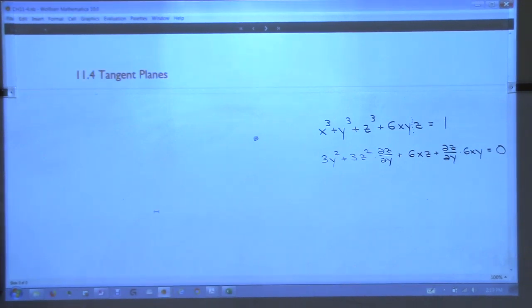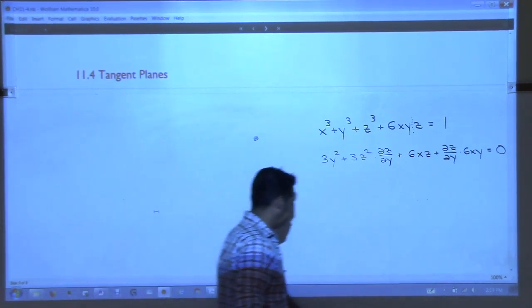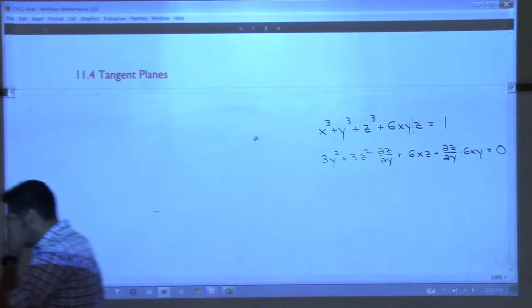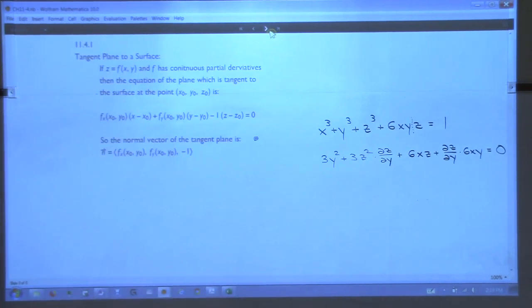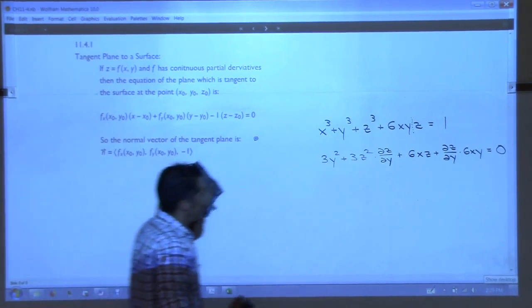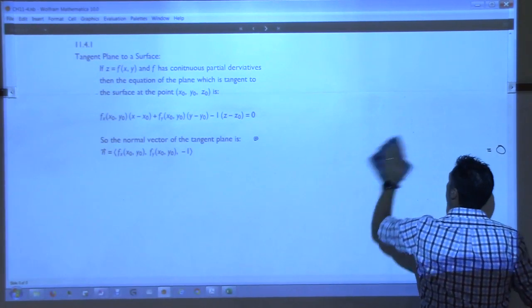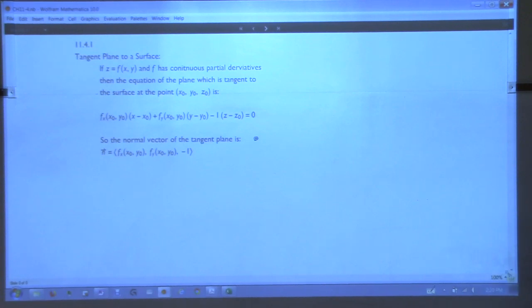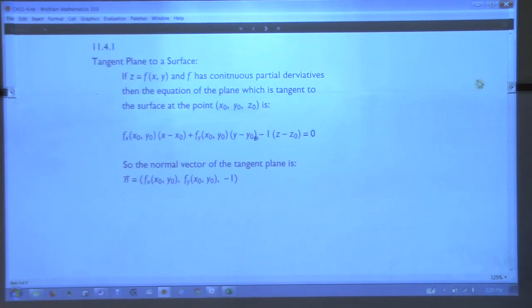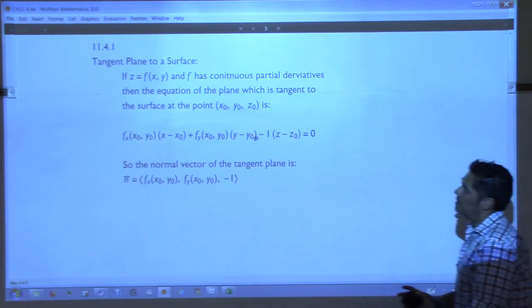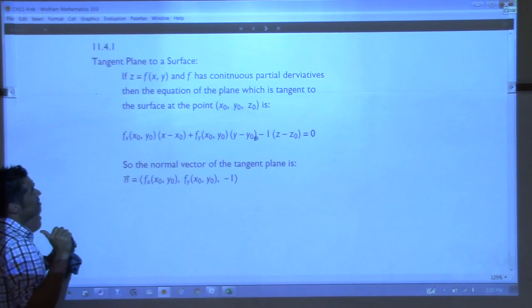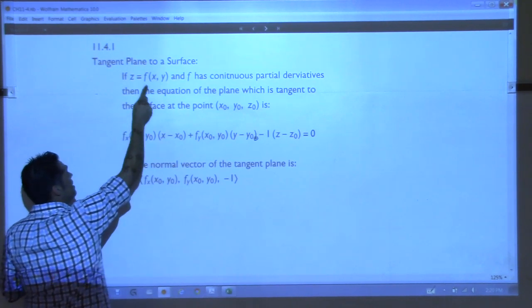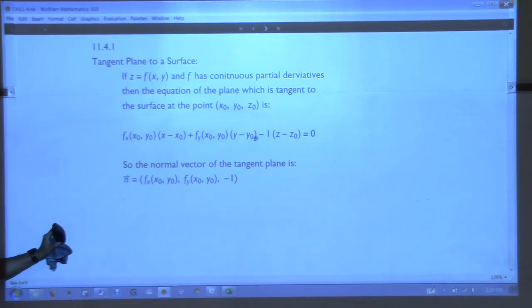All right, so now tangent planes. Back to the idea that we're going to switch back to what we were doing last class, and that is if z is a function of x and y. So you can solve for z.